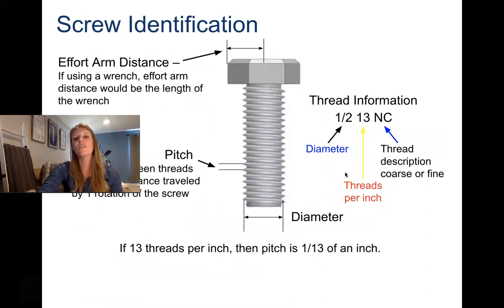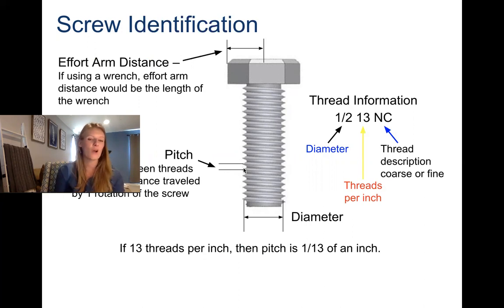Okay, so this right here is how we're going to read a bolt. And this is where I really want you to go in and read the bolt science article. After you watch this, take a couple of notes on that so that you know where these different components are. One of the main things we're going to be looking at, we're going to be given the numbers. This is the thread information, and what we care about is the idea of pitch.